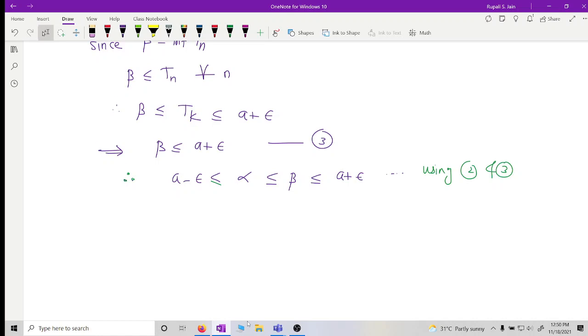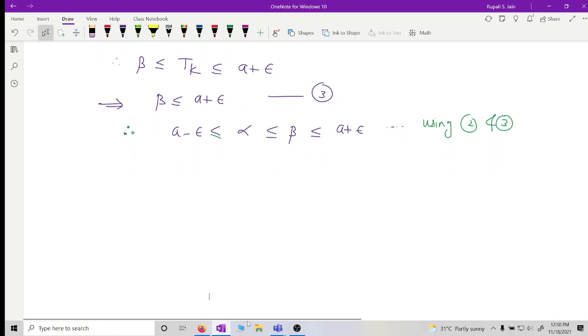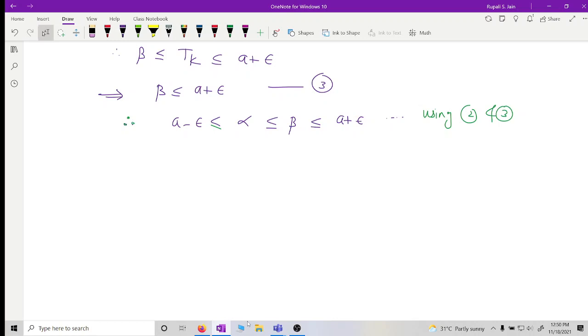Yes, ma'am. And this is for every epsilon. So what can I say about alpha and beta? This is for every epsilon. Modulus of alpha minus beta, what can I say?